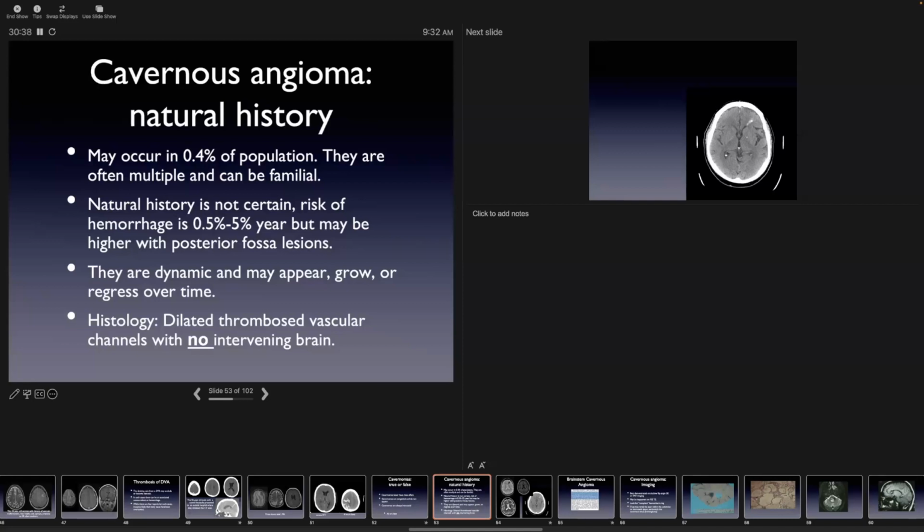So the surgeon doesn't have to go through the brain or worry about removing normal brain. They basically shell these out like you might shell out an avocado, leave the rim in place if the patient doesn't have epilepsy. And that way they can decrease the risk of hemorrhage without significant morbidity in good hands.